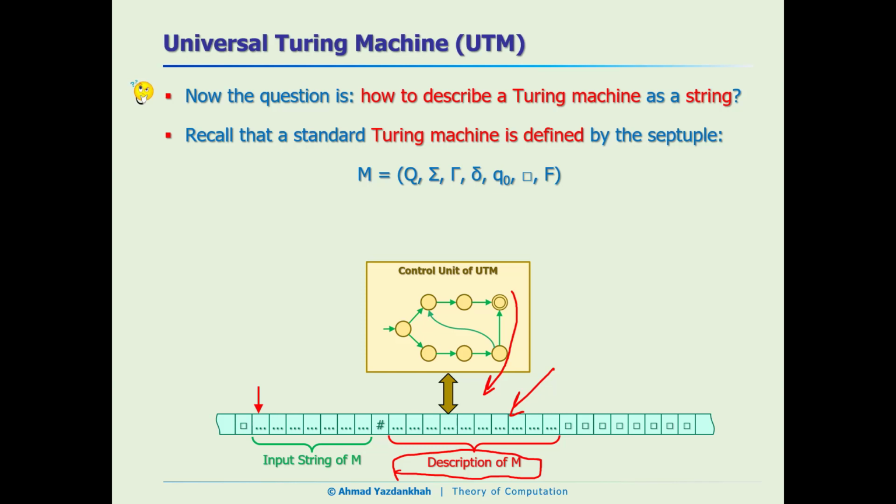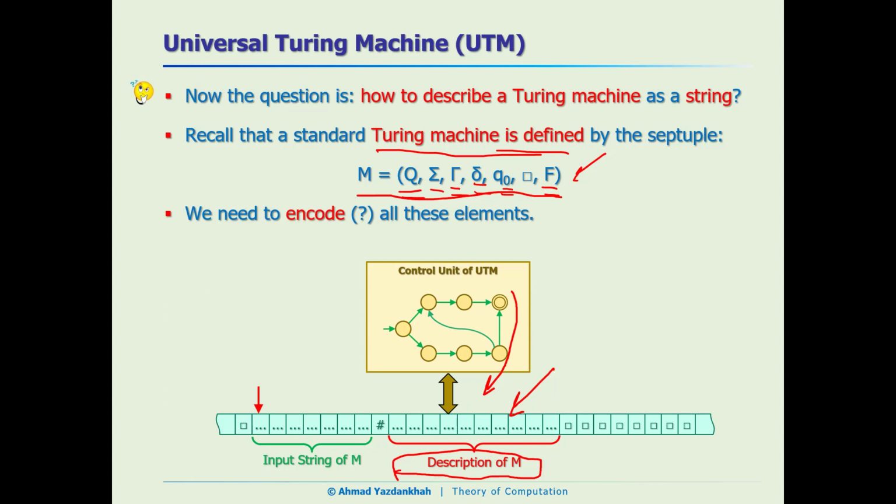You remember that we said a Turing machine can be defined by a septuple, with 7 items. If we can define them by a string, then it means that we can define the entire Turing machine as a string. And this process is called encoding.